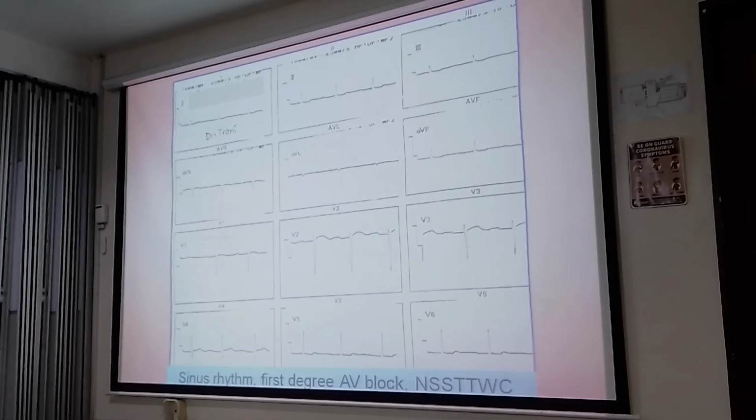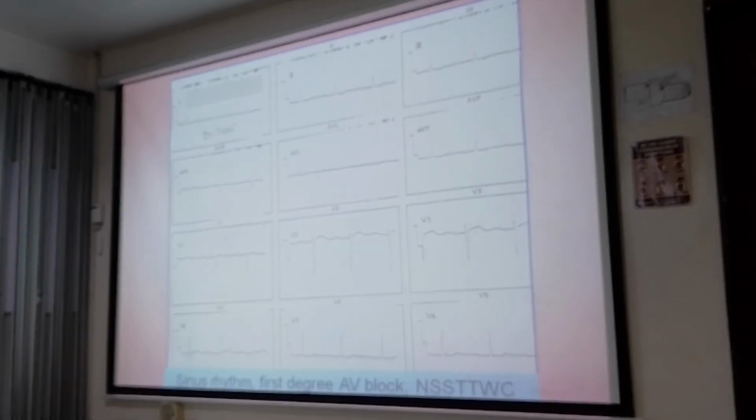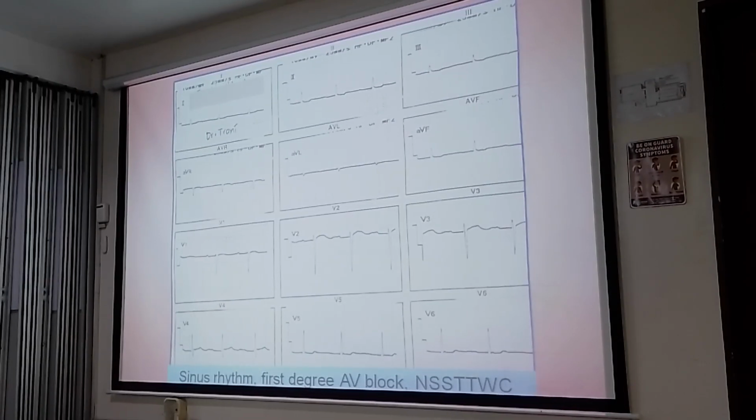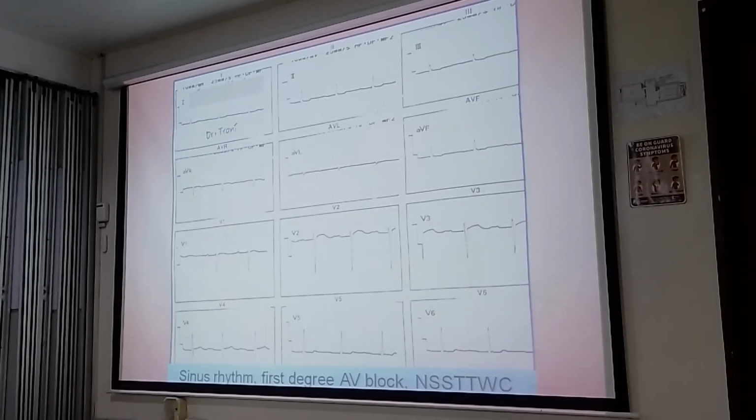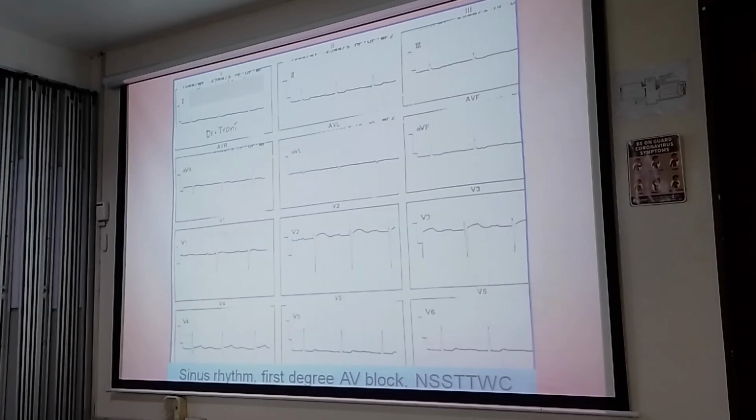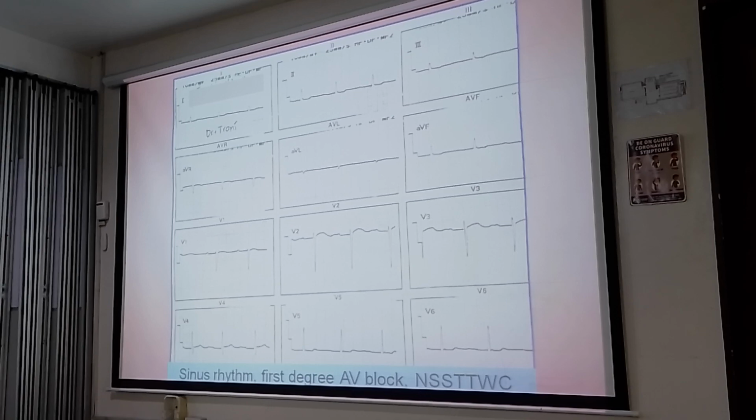Up to 5, 3 to 5 small squares. If it's shorter than that, it's called a short PR, less than 0.12. If it's longer than 5 small squares, it's a prolonged PR. First degree block.